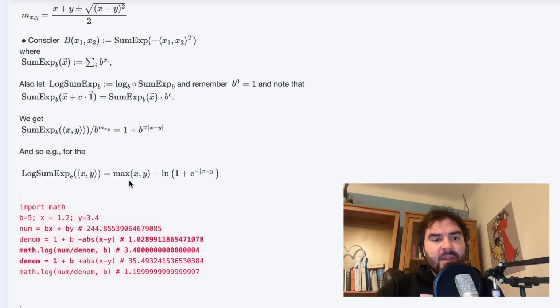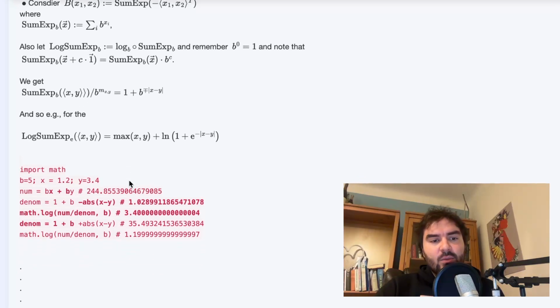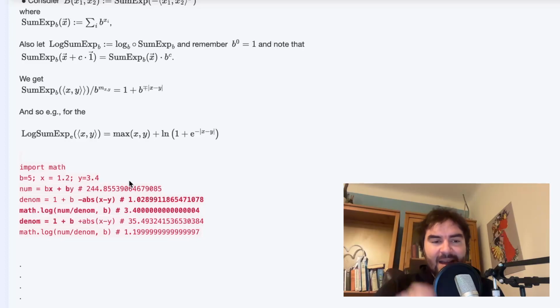Yeah, and here finally I do a numerical example in Python. There's a little bit of a problem here: Python uses star for the power, and the way I have implemented my wiki, star becomes just bold syntax highlighting, as in many markdown things. So here it has num is b to the power of x plus b to the power of y, and it interprets this wrongly. But okay, for this reason I've put the numbers here.